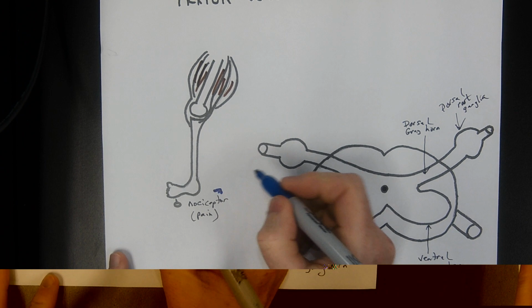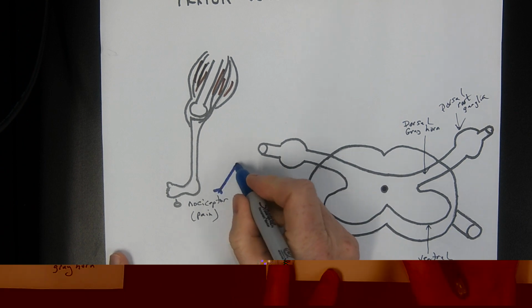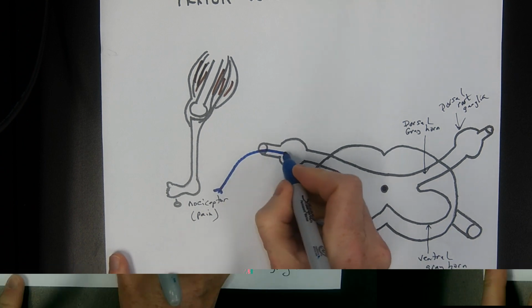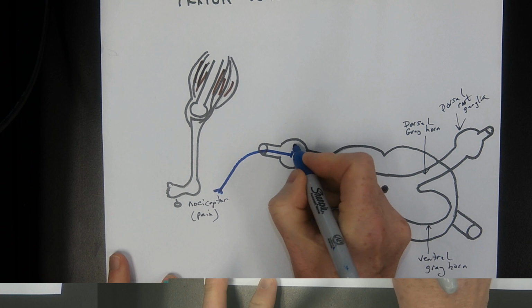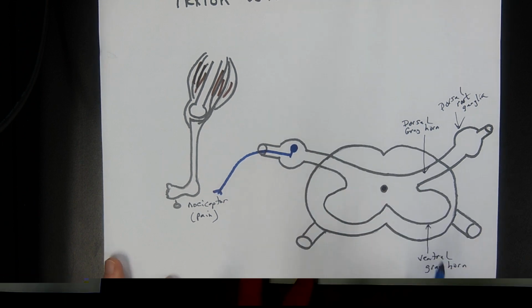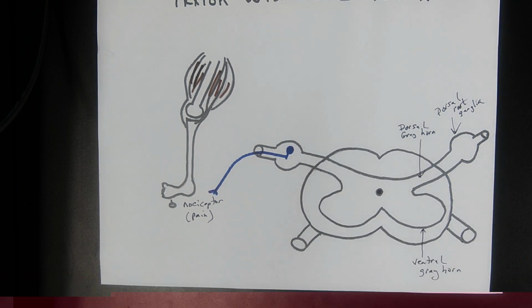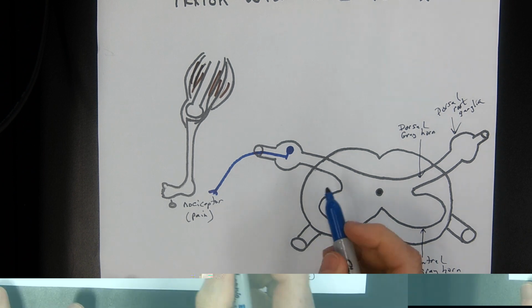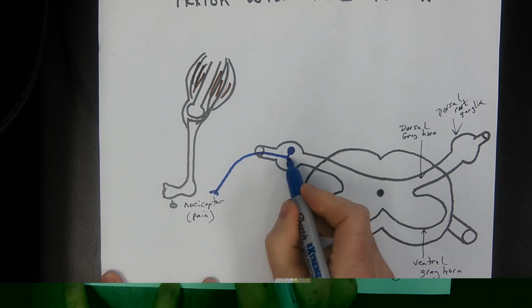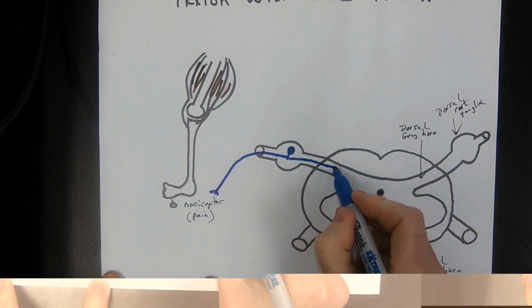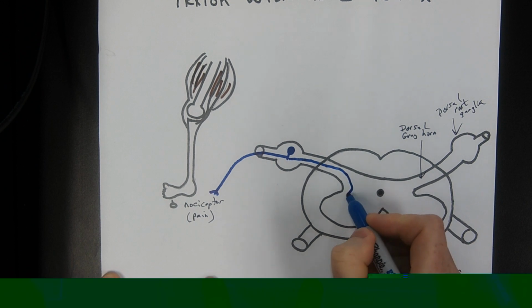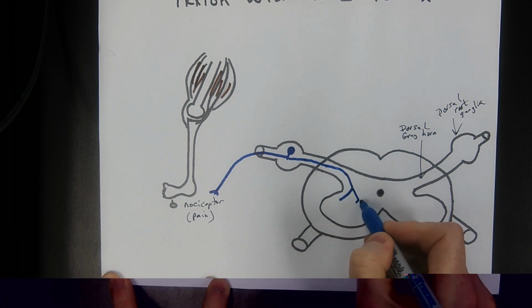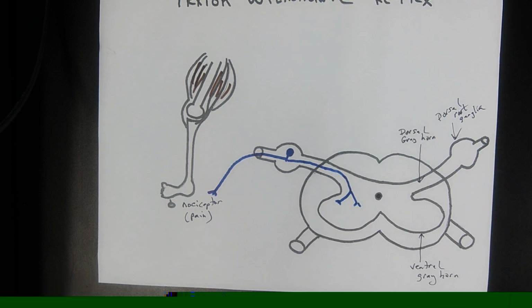So you have the dendrites coming here, hooked up to the nociceptor, and that's going to come in. As always, we have our pseudo-unipolar neuron cell body sitting in the dorsal root ganglia. First, we're just going to talk about the flexion withdrawal, and again, it bifurcates.